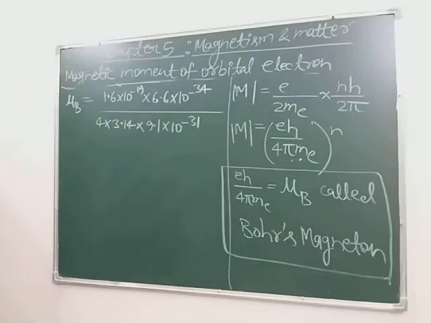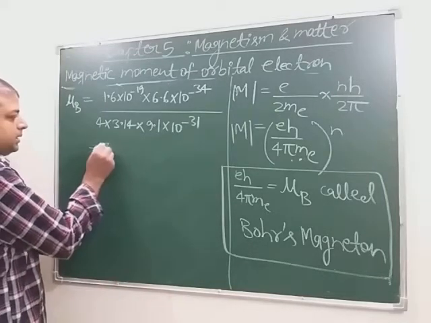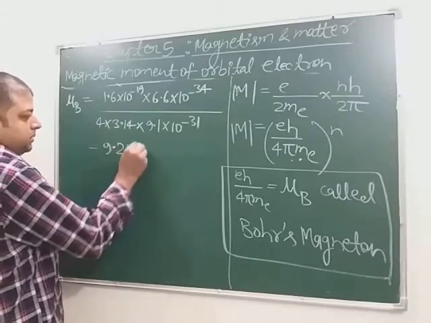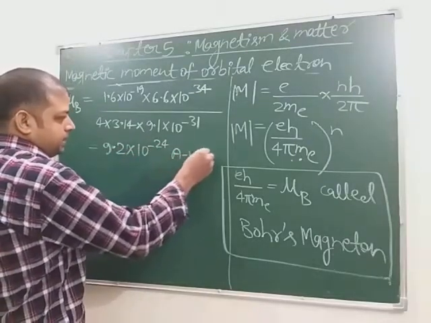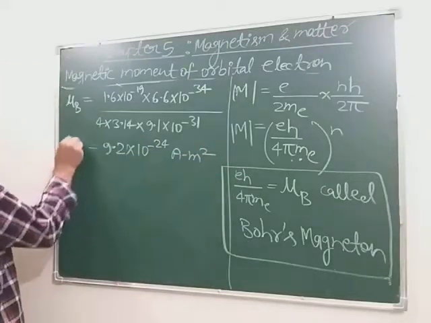After solving this you will get 9.2 into 10 raised to power minus 24 ampere meter square. This will be the value of Bohr's magneton.